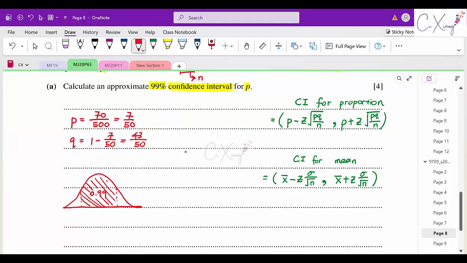The value of the Z means this particular value of the Z. Then we have another Z at the negative part and we put it as negative Z. The Z in the formula refers to this Z here. This is what we have if we want to visualize the confidence interval by using the percentage. Right, so we are having 0.99 here. What happened to this small area here? This small area should be 1 minus 0.99 divided by 2.